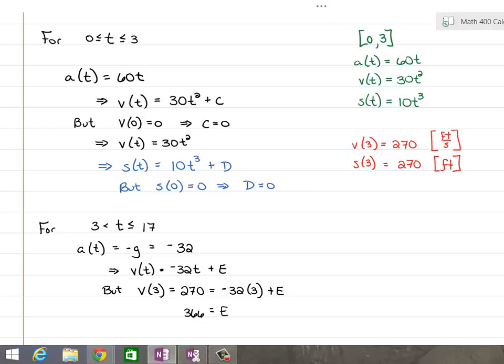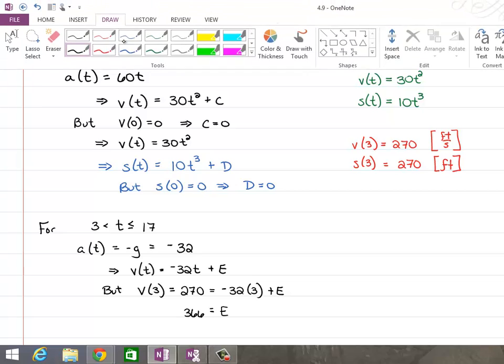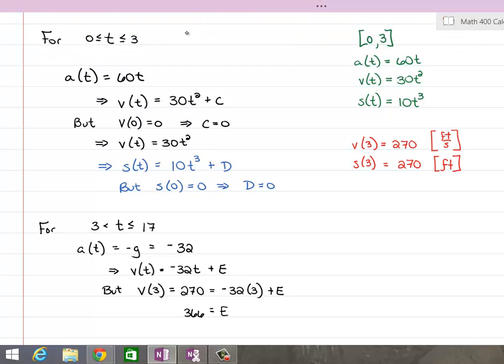So this implies, and maybe I'll write this in green over here, from 3 to 17, that one, our acceleration is going to equal negative 32. And actually, I'm going to change that velocity function now that I'm thinking about it.